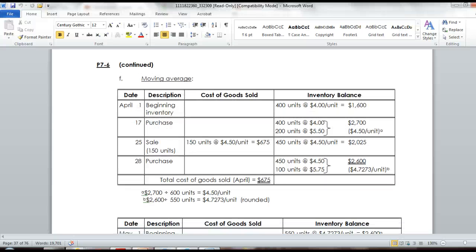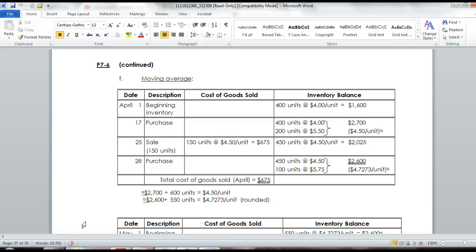Now, when they ask for a moving average, what we'll do is continually update that moving average. So in doing this, you have to use the perpetual method. We start with our beginning inventory and then create our purchase to show the total amount of $2,700 divided by 600 units gives us the unit price of $4.50.